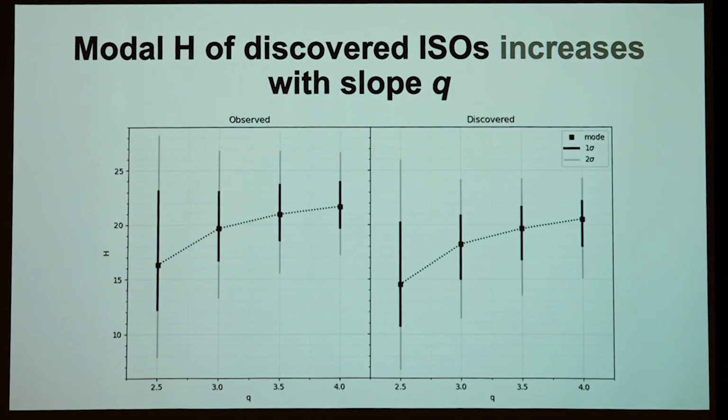So what we get when we quantify those peaks, we pick out what's the mode or median absolute magnitude and what's the spread of that distribution. You can see that as Q increases, the most common size object that we would see gets smaller. And so already, if you have a sample of interstellar objects from LSST, the most common size is going to give you some indication of what the size distribution is going to look like.